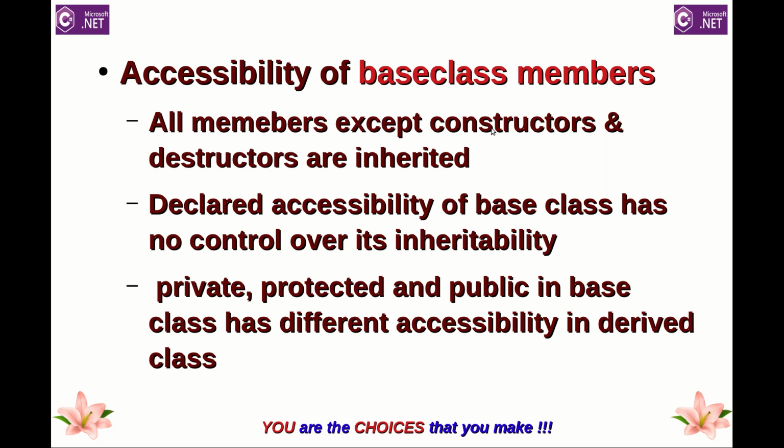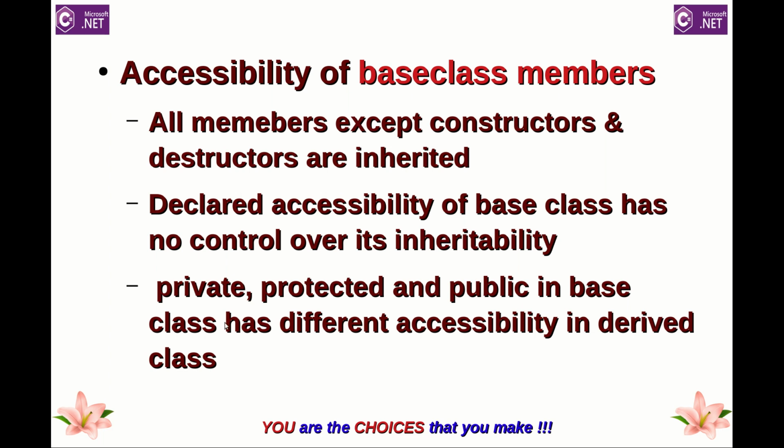And the declared accessibility of the base class has no control over its inheritability. So just because you inherited to the derived class, the accessibility of the base class will not have any control over its inheritability.